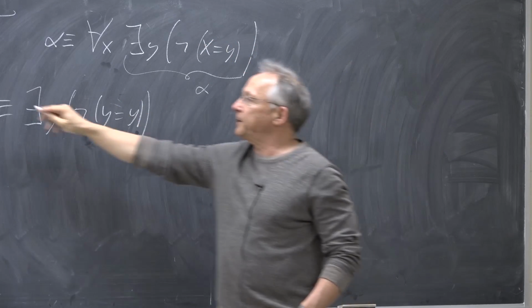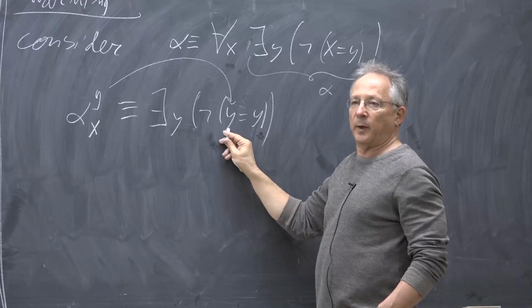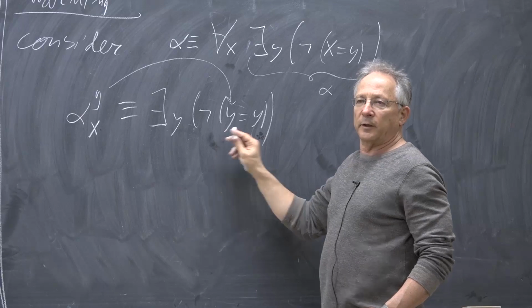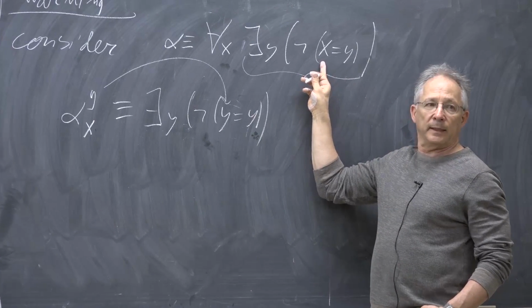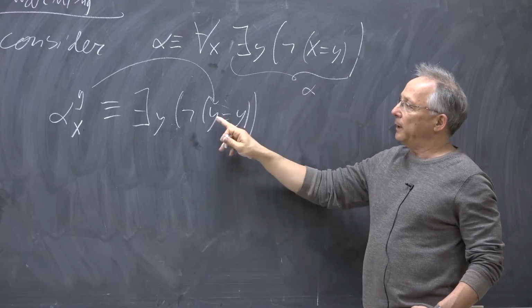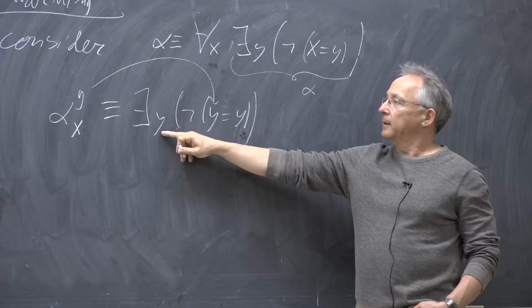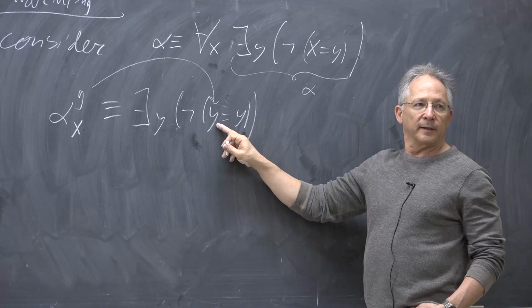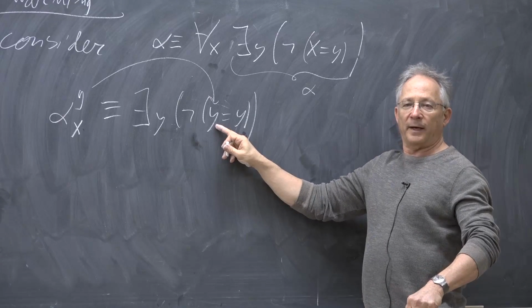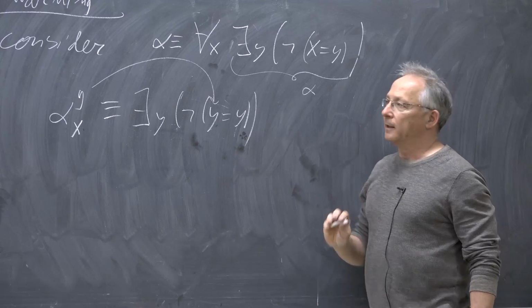But once I substitute it, it got captured by the exists y. So its meaning changed. From being a free variable, its meaning changed to being a variable that is bound by this there exists. So the exists here kind of put its hand over my free variable and made it a bound variable.